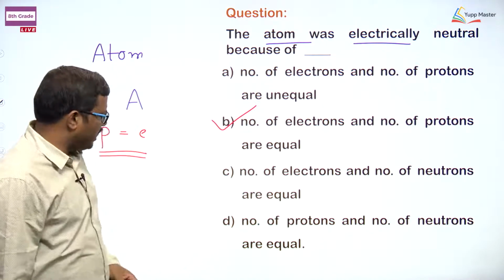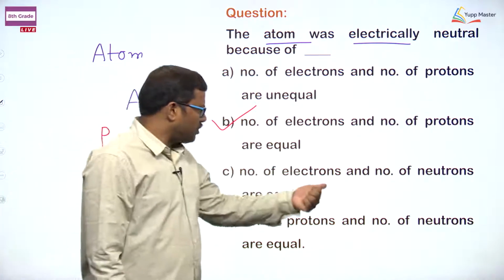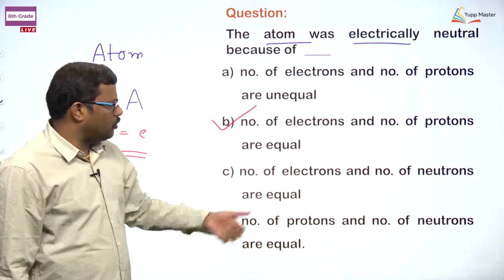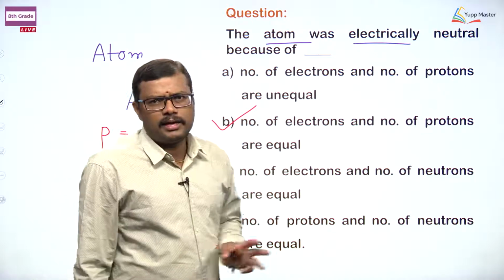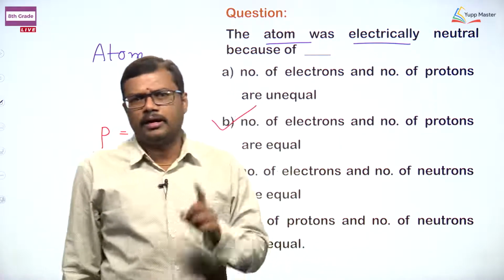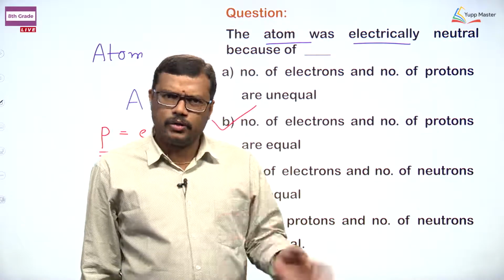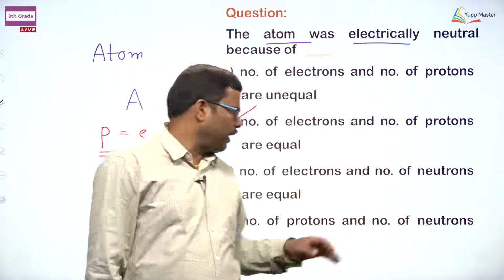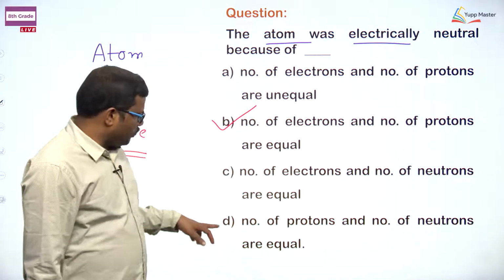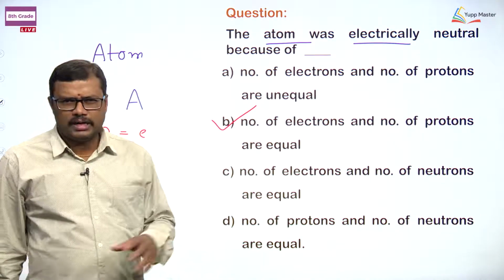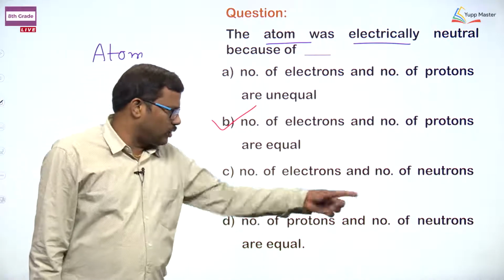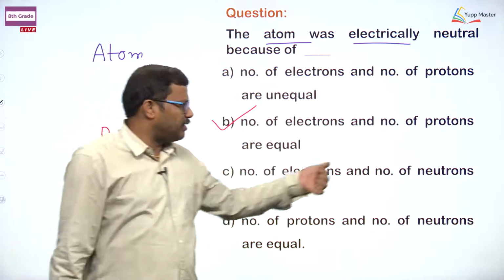Look at option C and option D as well. Number of electrons and number of neutrons are equal, no, neutrons are chargeless particles. The charged particles present in the atom are proton and electron only; neutrons do not have any charge, okay. Fourth one, number of protons and number of neutrons are equal, no, it is not at all related with protons and neutrons, or with electrons and neutrons.